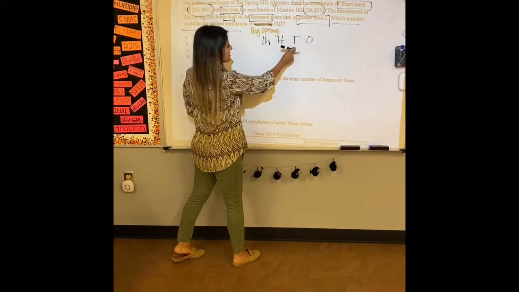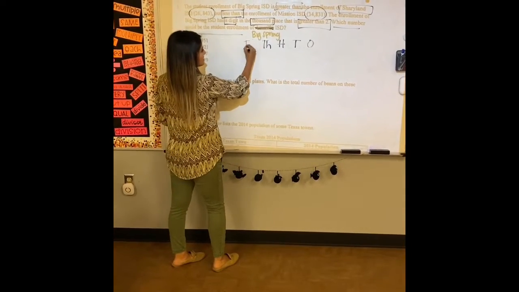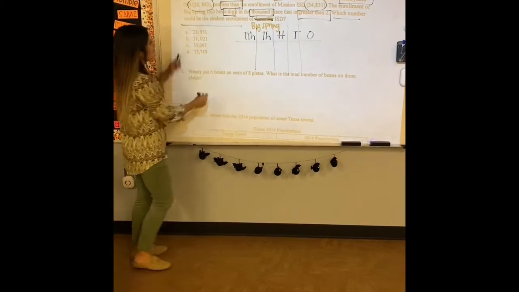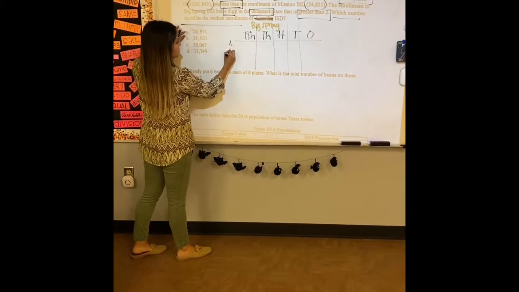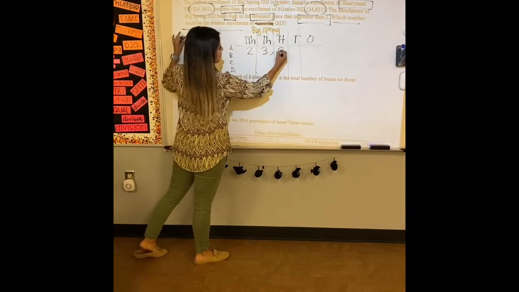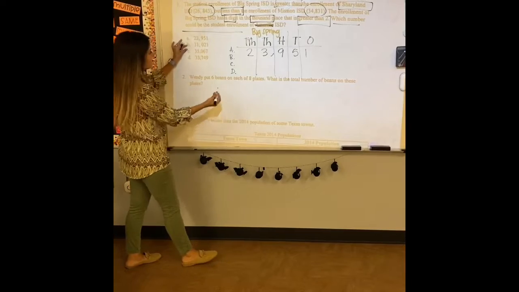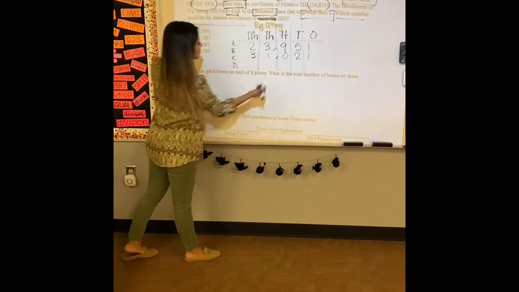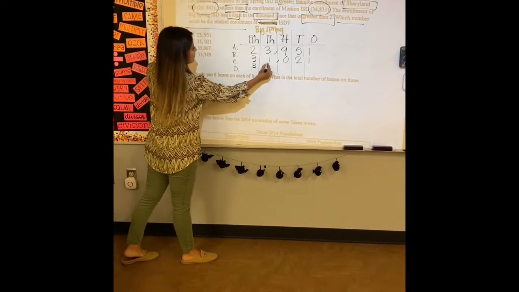So we have our ones, tens, hundreds, thousands, and our 10,000 place. When we plug in each of these answer choices of A, B, C, and D into our place value chart, we can go ahead and eliminate enrollments that do not follow our clues up there at the top of that problem.